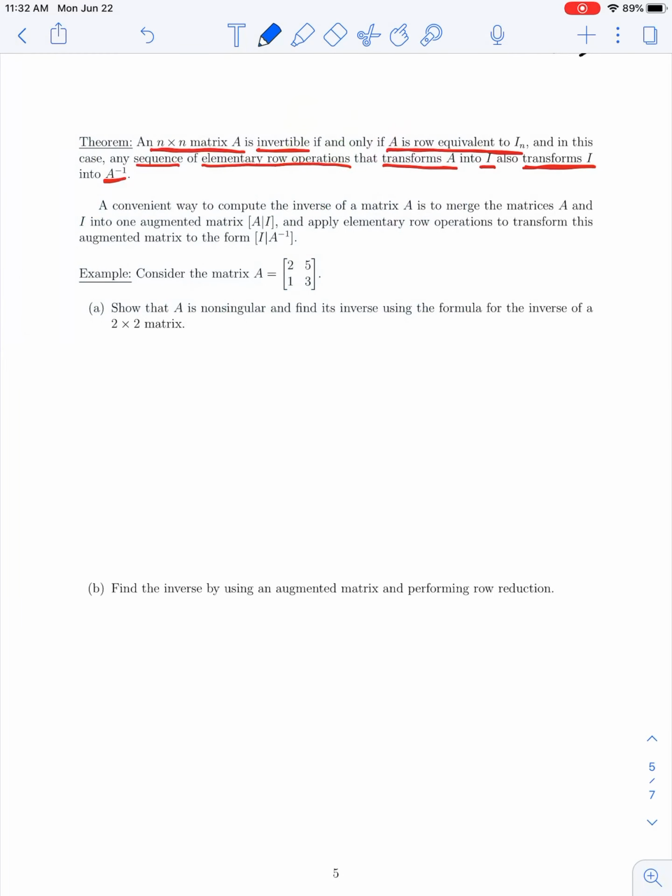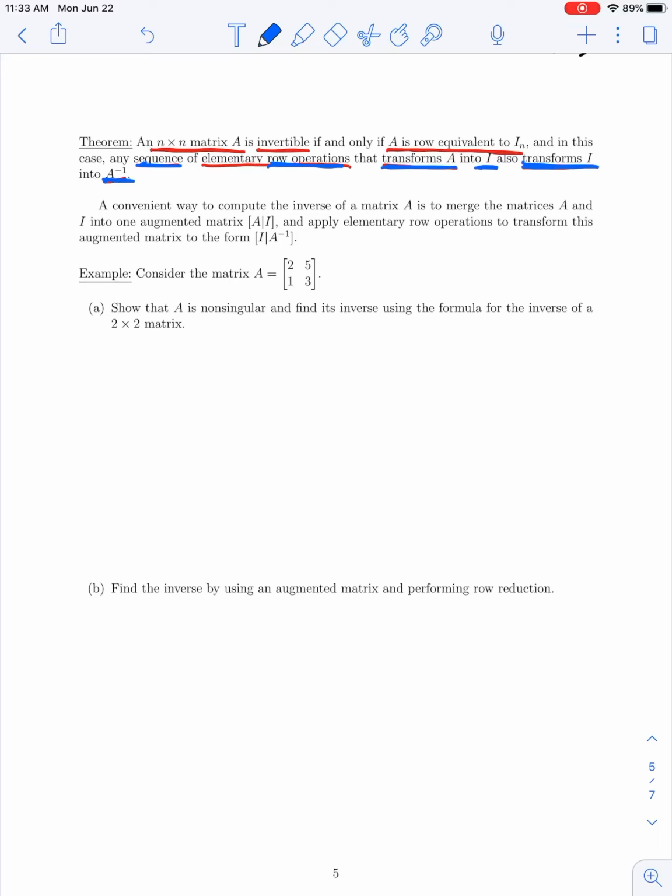What the second part of this theorem says is, if we take the sequence of row operations which we performed on A in order to transform it into the identity matrix, and we perform those same operations on the identity matrix itself, our result will be A inverse.